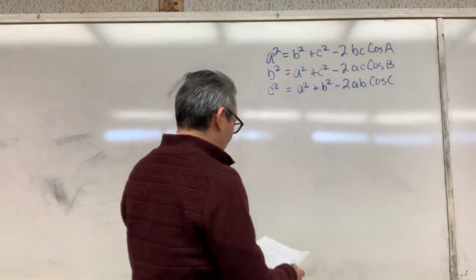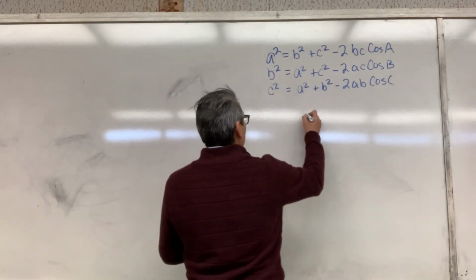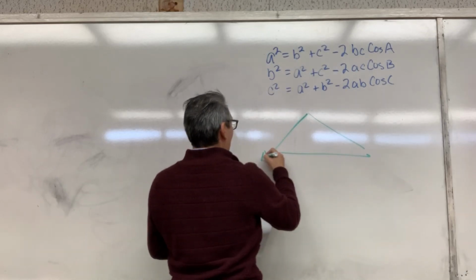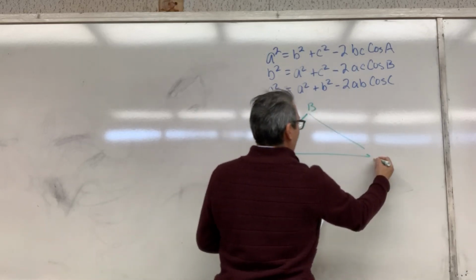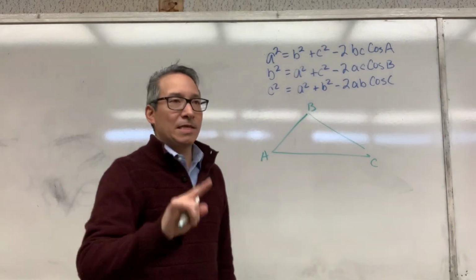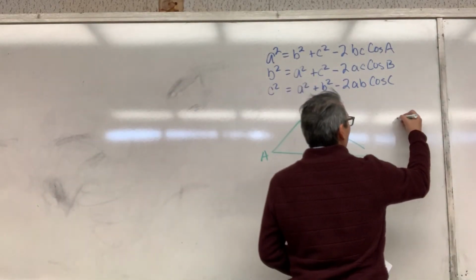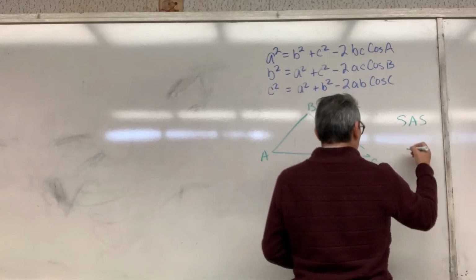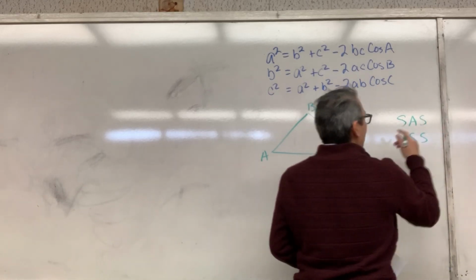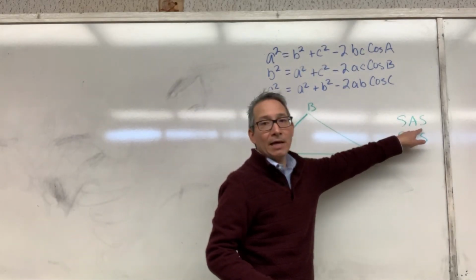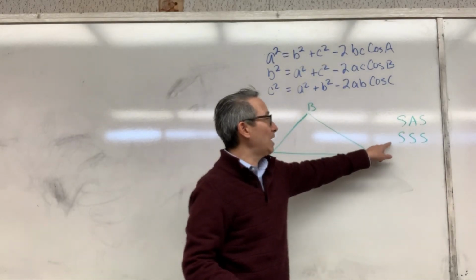So let's give you an example here to start off with. As we're drawing this example, I want you to keep in mind that this will only work for certain triangles, specifically triangles that give you the following parameters. This works when the triangle is given side, angle, side, and when the triangle is given side, side, side.